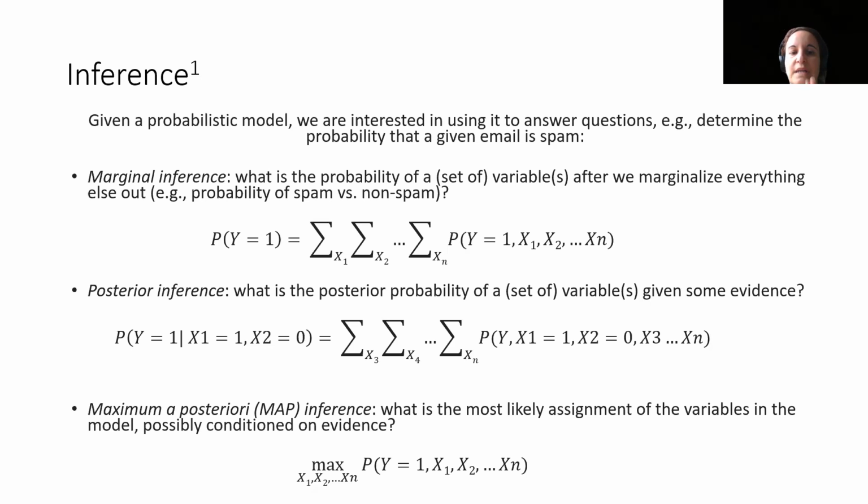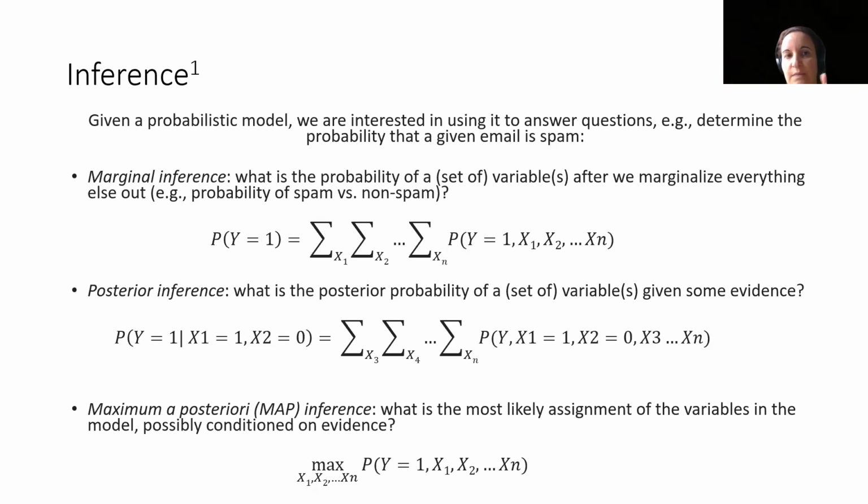Once we have this model, which is a probability distribution, we will represent it as a function P. We don't care how it looks. We just know that it exists and we defined it. One thing we want to do is that there are different kinds of inference, different kinds of questions that we can use.